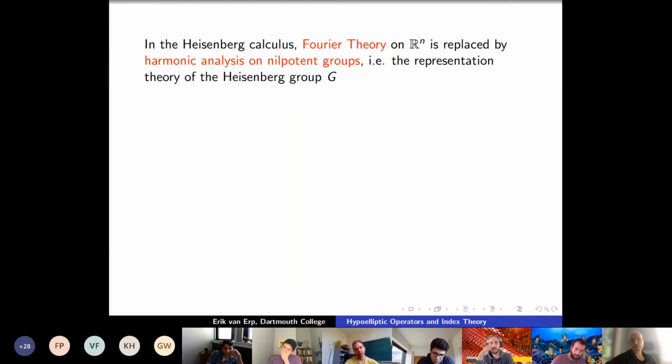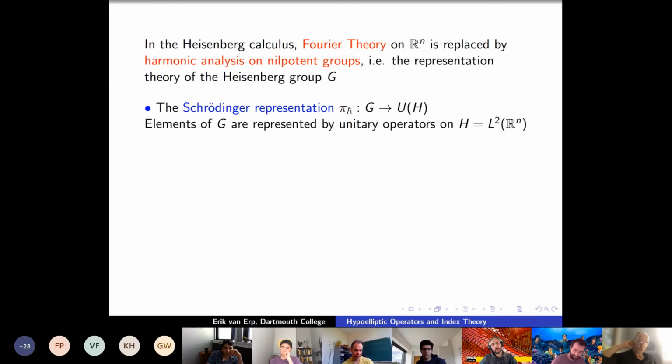And so you replace this with the appropriate analog, which is harmonic analysis. And that's a whole field. So there's nothing special about the Heisenberg group. There's a whole theory about harmonic analysis on nilpotent groups, especially graded nilpotent groups. And the Heisenberg group is in some sense the simplest example. Okay, but this theory extends far beyond contact manifolds, but let's just do one thing at a time.